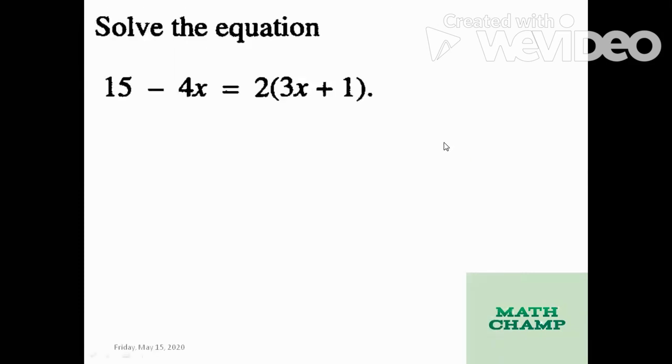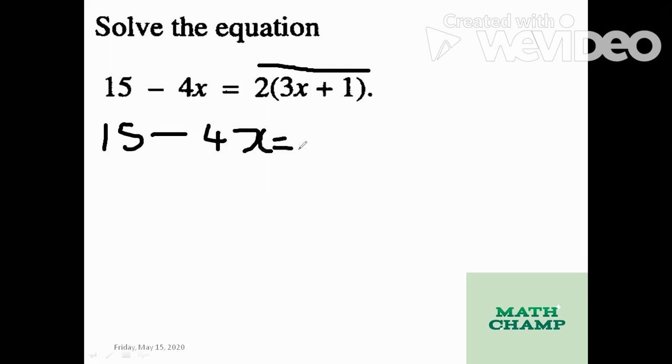Alright, moving on. So this is a linear equation. What we're going to do first is use the distributive law and work out this bracket on the right hand side. So we're going to rewrite the left hand side. 2 times 3x is 6x, 2 ones, 2.